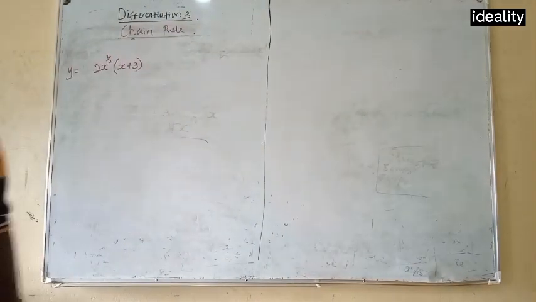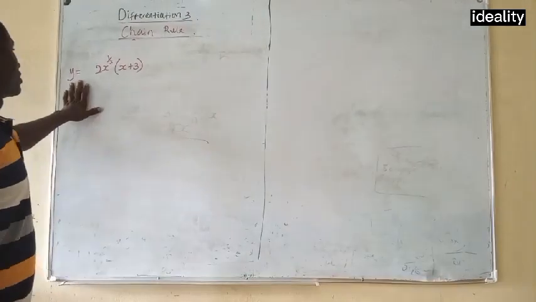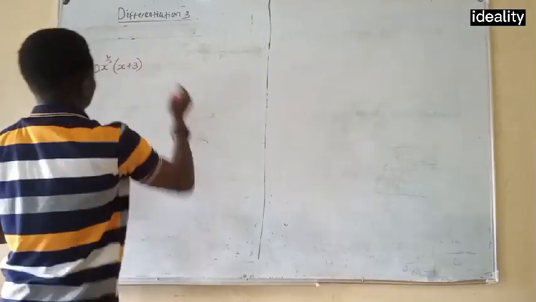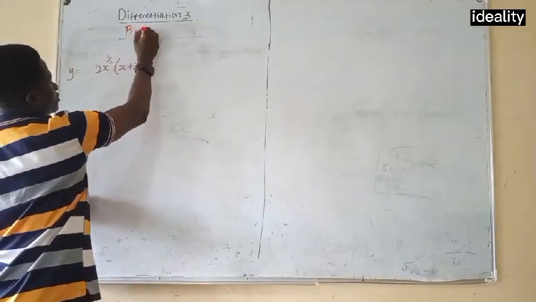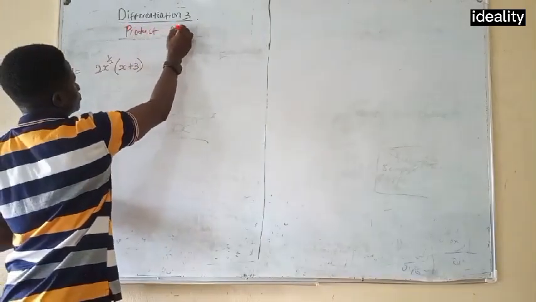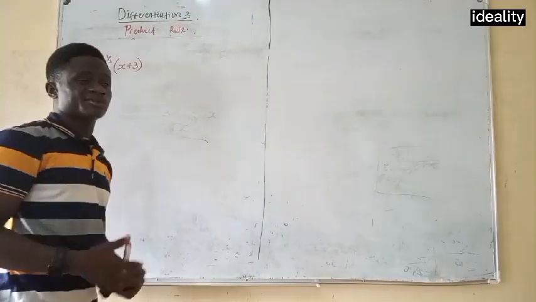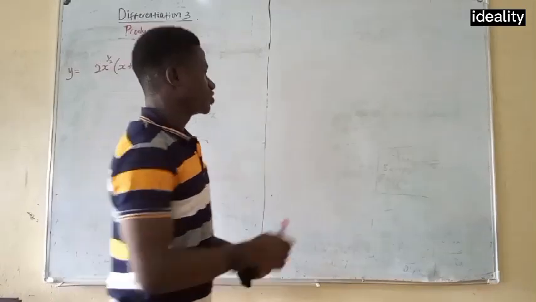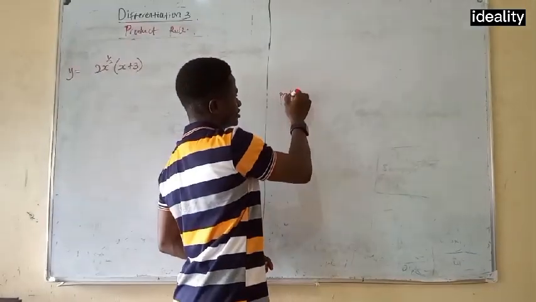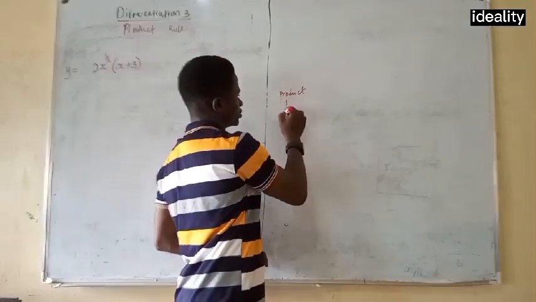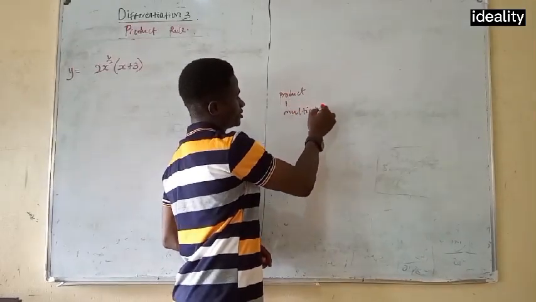Now welcome back. Now we have the question on product rule. Sorry for that. Firstly, when do we use product rule? Whenever you hear the word product in mathematics, product simply means multiplication.